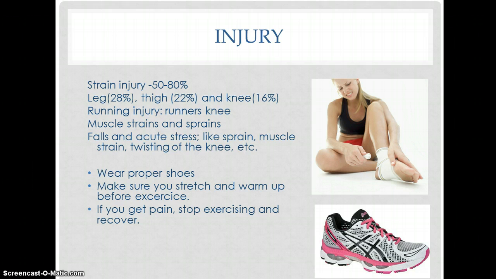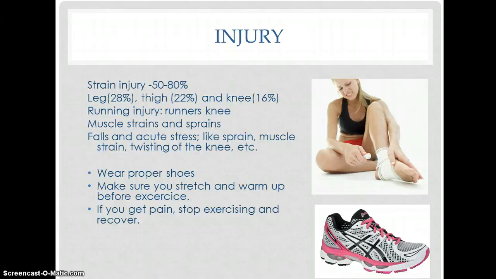In athletics, strain injuries are the most typical injury. Actually, 50 to 80% of all the injuries in athletics are strain injuries. The leg, thigh and knee are the most injured parts of the body. A very typical running injury is runner's knee.